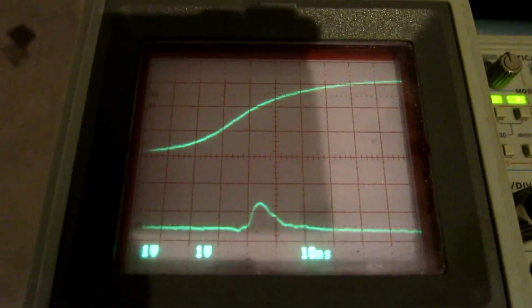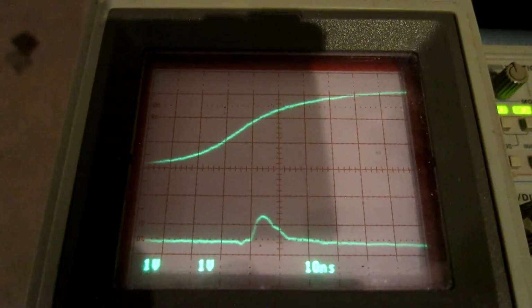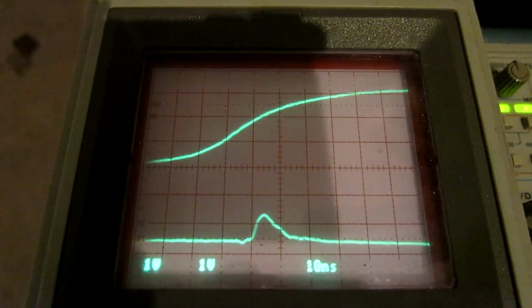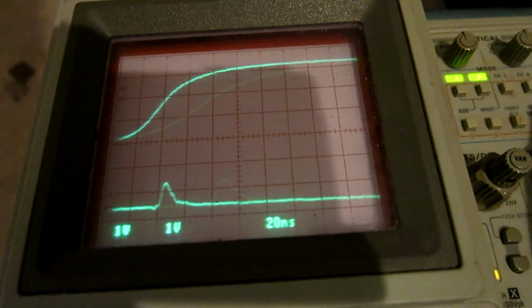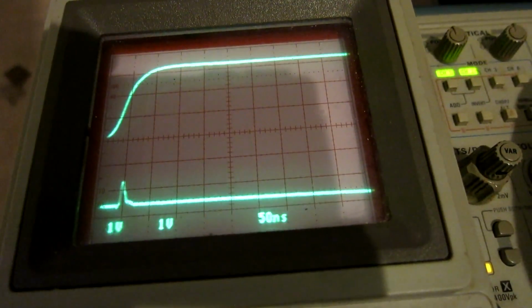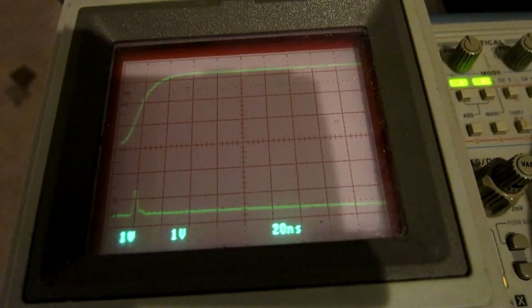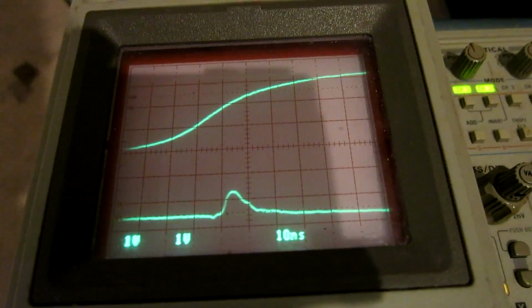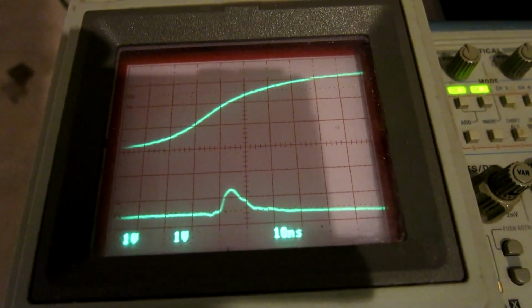At 10 nanoseconds, you can see that the proper pulse generator has an amplitude of 1 volt, while the function generator has an amplitude of a little bit above 3 volts. But they give the same signal level at 14 megahertz.